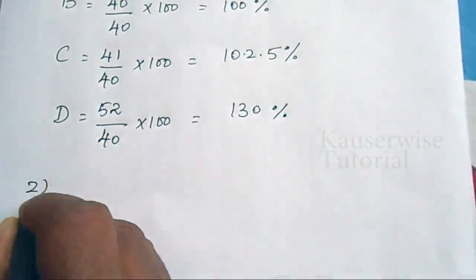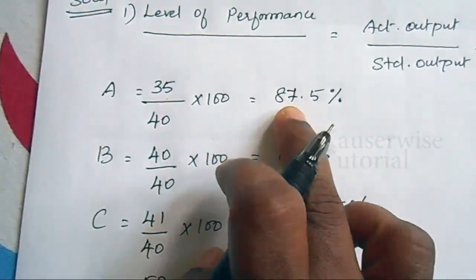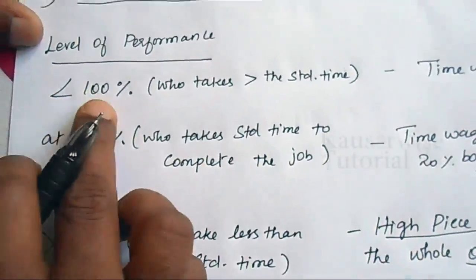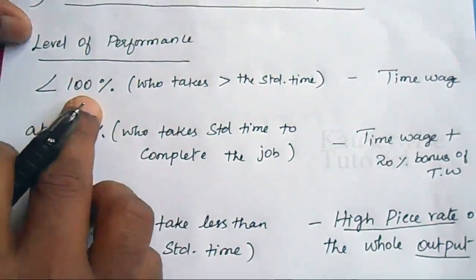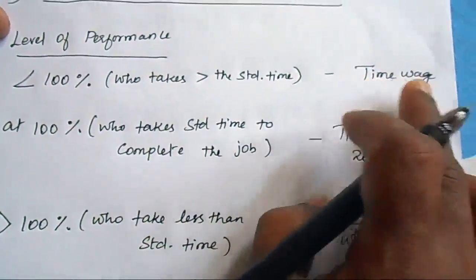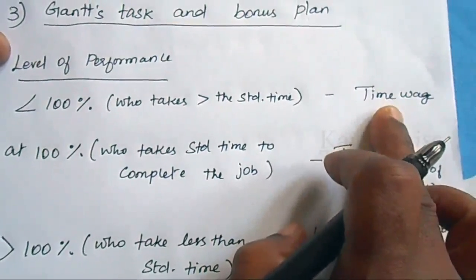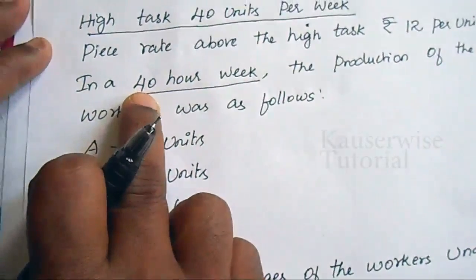Second one, earnings or wage. A's level of performance is 87.5, which means below 100 percentage. If the level of performance is less than 100, how much can he get? Time wage, based on the time. Number of hours worked into rate per hour is called time wage. All the employees worked 40 hours.